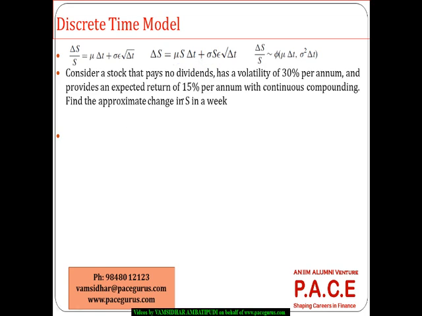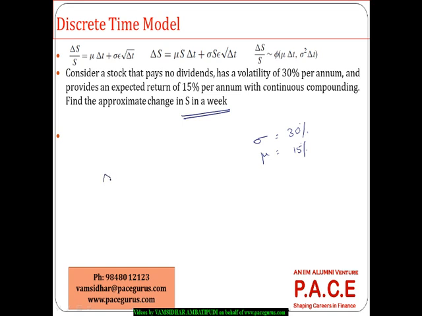Look at the numerical. Consider a stock that pays no dividend, volatility of 30% per annum, and provides an expected return of 15% per annum, continuous compounding. Approximate change in S in a week.